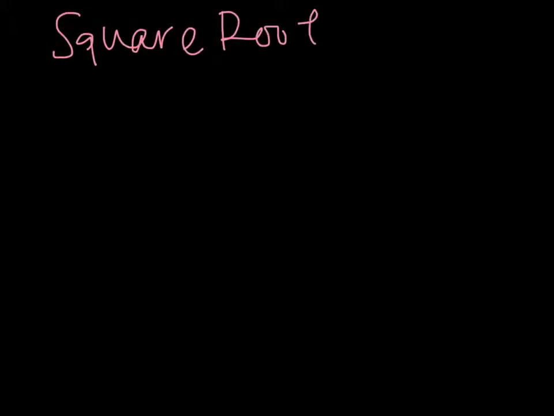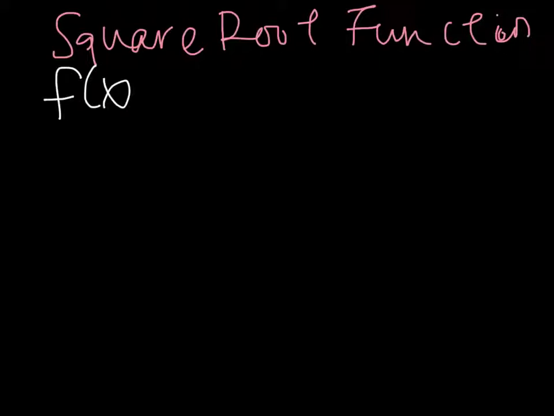Next is the square root function. So we'll notice a pattern with the square root function or cube root function, with the root functions. So basically the square root function looks a little something like this. F of x equals the square root of x.